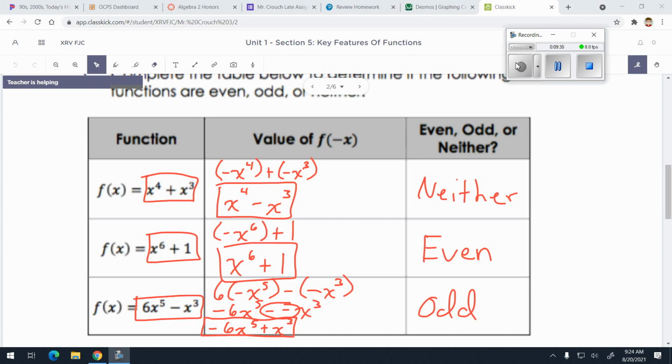Okay, so only even functions can have a constant at the end of them. All right? Everybody good with that so far?